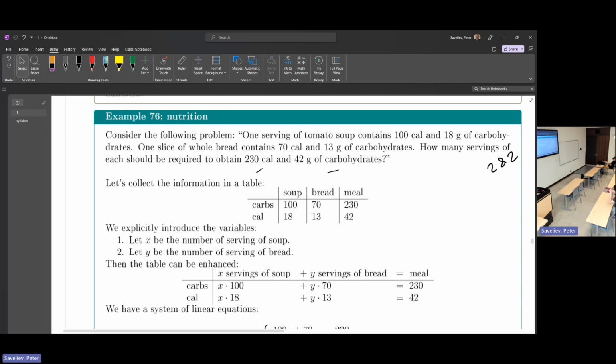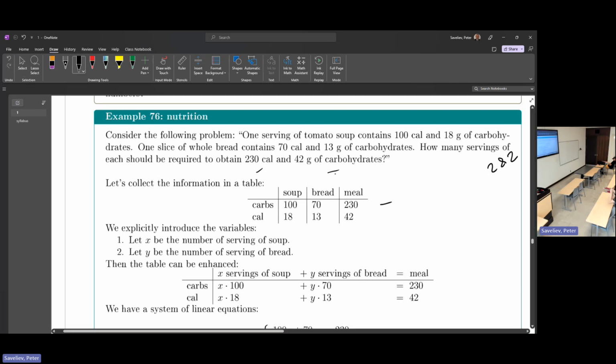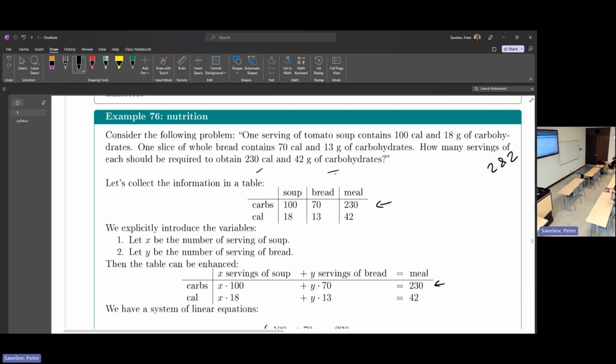We're just reading the first row here, but now with just a list of data, it is translated into a relation between the data with the introduction of x, the number of servings of the soup. So that's how many calories you've got, 230 kilocalories technically, and for the second row, carbs, it is x times 18 plus y times 13 equals 42.